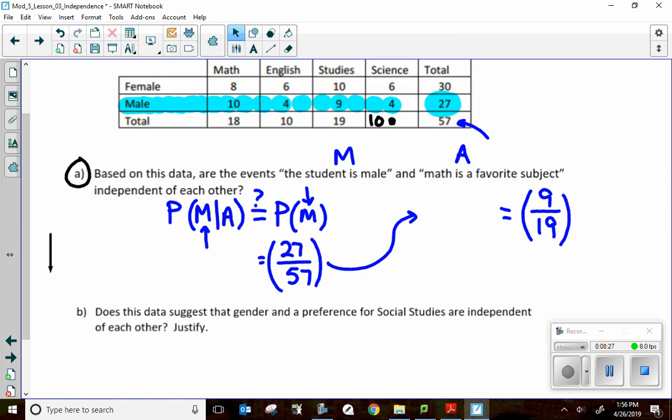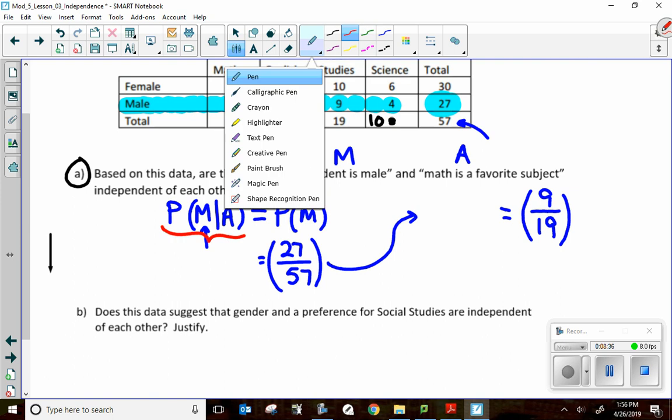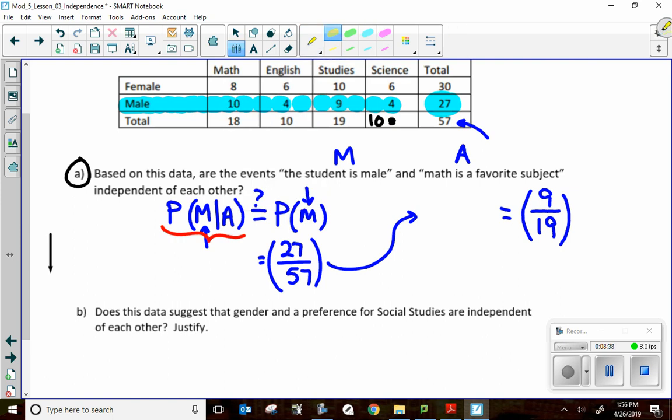So now, let's figure out the probability of a male given math or arithmetic. Let's use yellow. I am given just math to pick from, out of a total of 18 math.